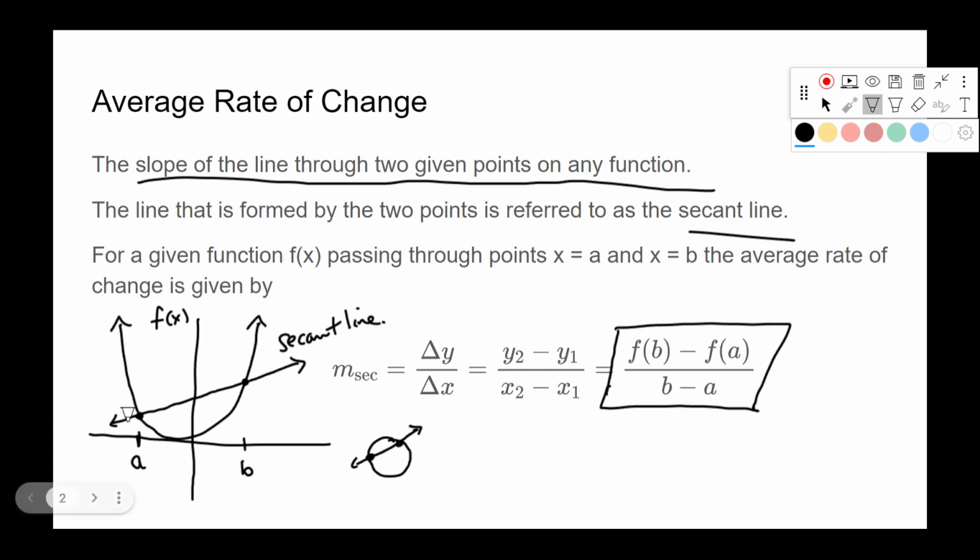So remember these 2 points that I put down on this graph here, A and B? Well, I can name these points with coordinates.